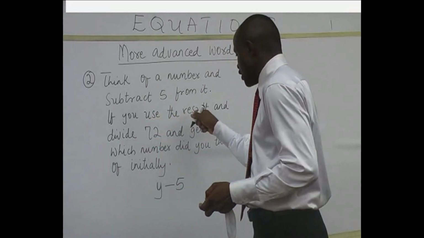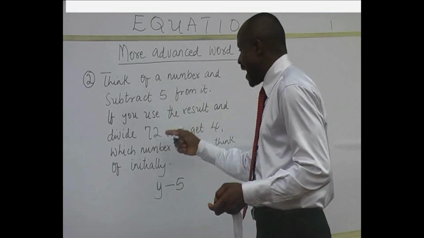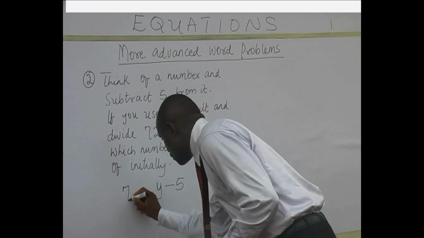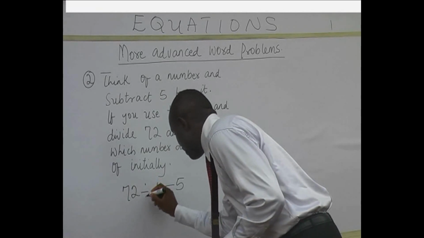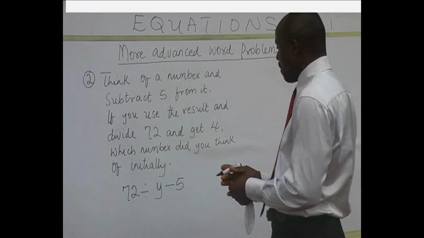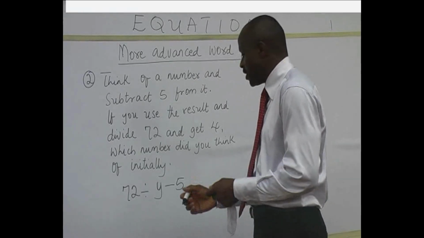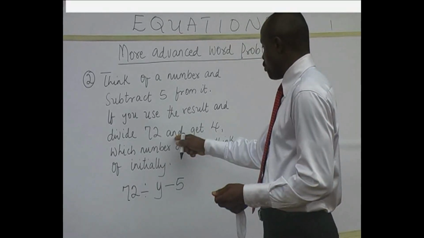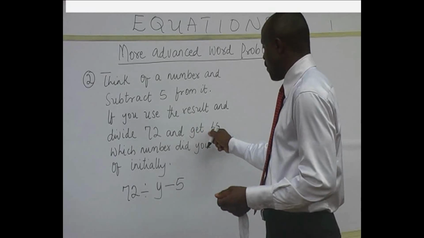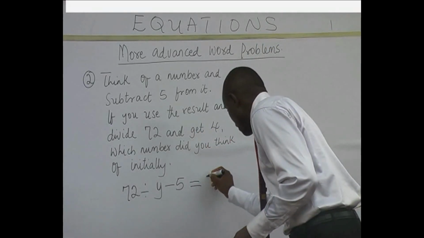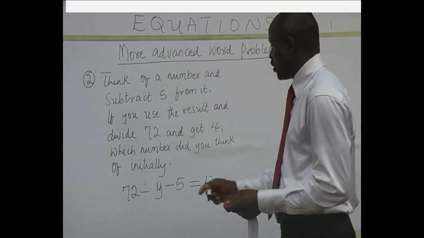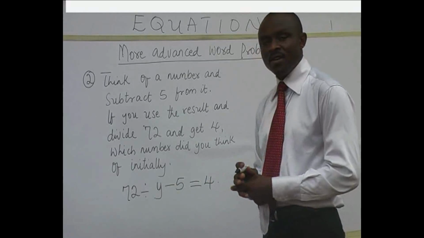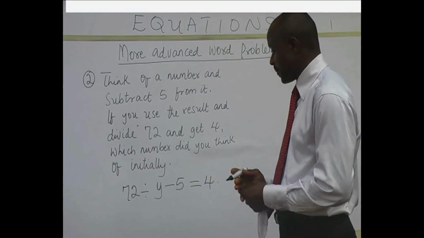If you use the result, that is y minus 5, and divide 72, that means 72 divided by the result of the number I thought of and subtracted 5 from, which is y minus 5. If you do it and get 4, which number did you think of initially? What is the value of y? That is what the question is asking for.